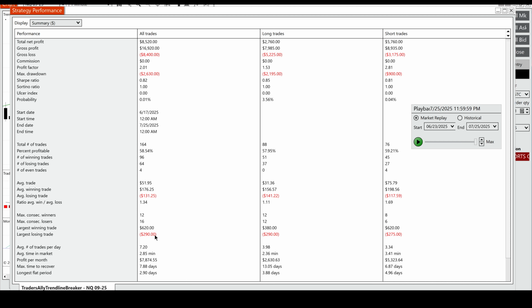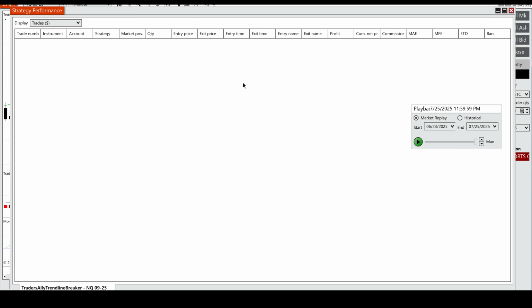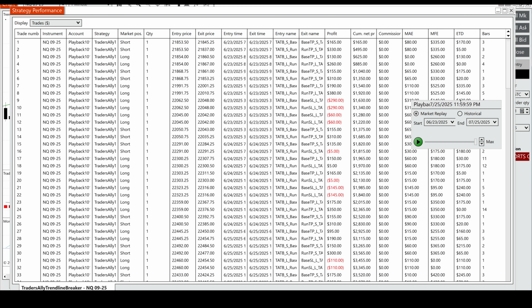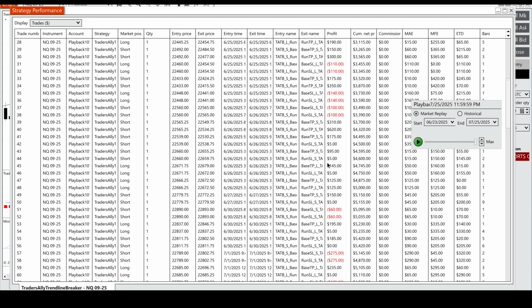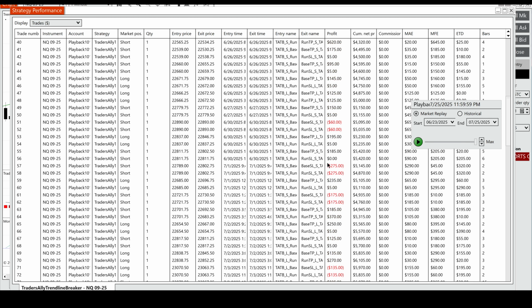So if that was the case, it would be almost -600. Let's check the trades to see if it ever happened. Yes, it happened here on this trade. Both were -290, so that's like 600. But if you think about it, it only happened once.